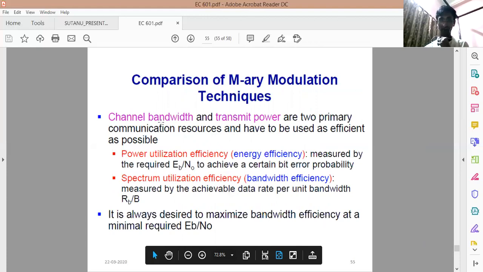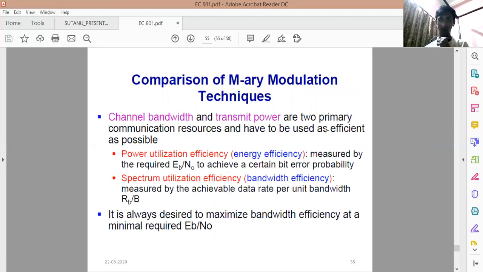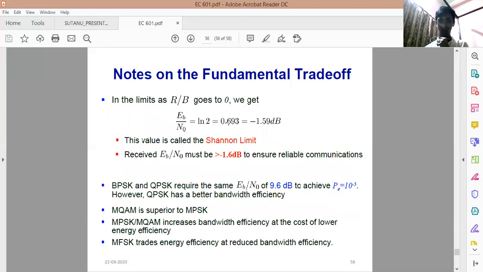Channel bandwidth and transmit power are the two primary communication resources for any MRE modulation technique, and for comparison purposes, transmit power is the most important thing, because if I know the transmit power, then we can compute Eb/N0, and everything is written over here.